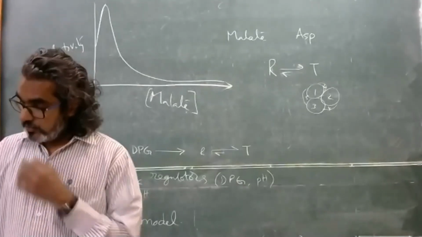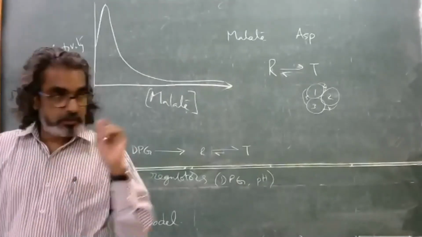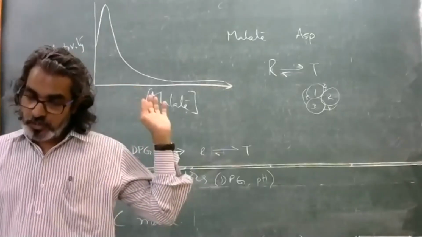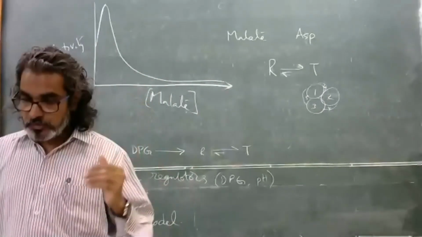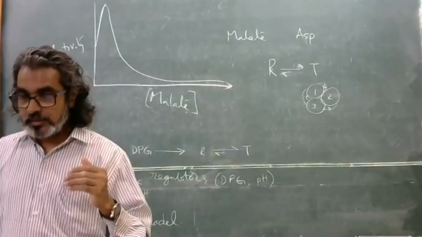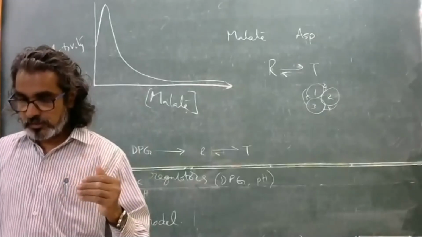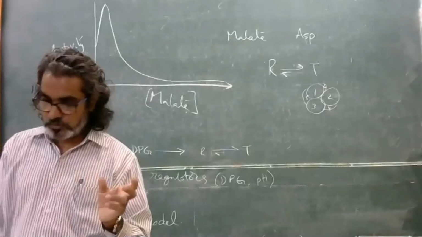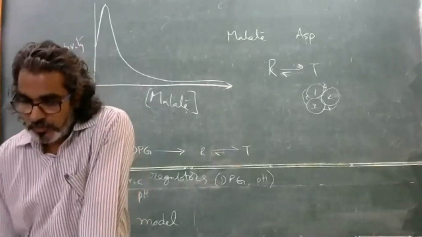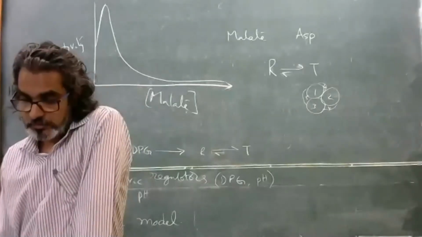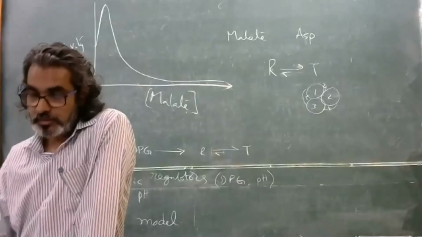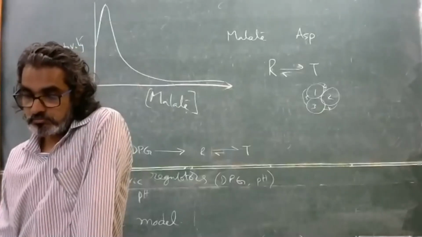A lot of quantitative analysis means literally writing the equilibrium constants for each step, from the R to T, and then using those rate constants in deriving factors, overall equilibrium constants and intermediate concentrations and so forth. It's there, but that's too mathematical. That's not for the basic course. But I suggest these books so that if you are interested, you can read more. That will really enrich your knowledge.